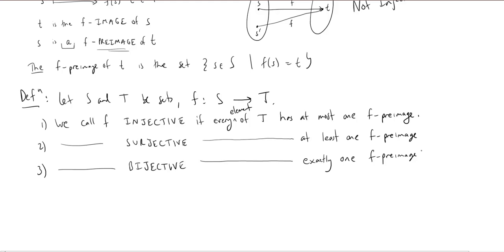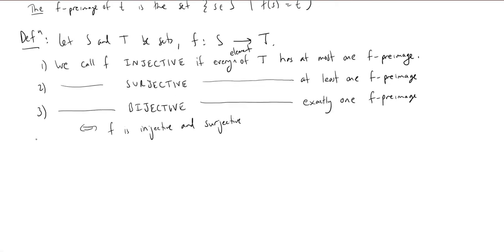Right there in the middle is when you have exactly one preimage for every element, then we call it bijective. So bijective is equivalent to saying f is injective and surjective. Okay, and in terms of how we usually prove it, usually you'll break it up and you'll say, prove it's injective, prove it's surjective. Hey, cool, now we know that it's bijective.